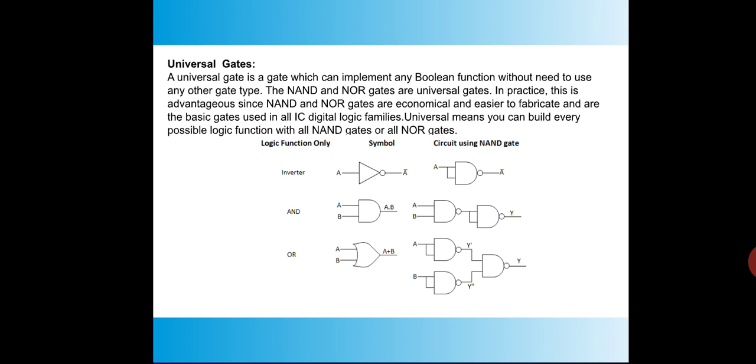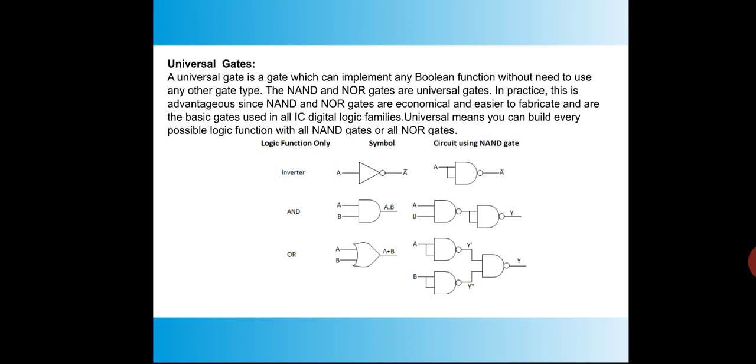The NAND and NOR gates are universal gates. In practice this is advantageous since NAND and NOR gates are economical and easier to fabricate, and are the basic gates used in all IC, or integrated circuit, digital logic families. In so many circuits we will find these ICs, isn't it?